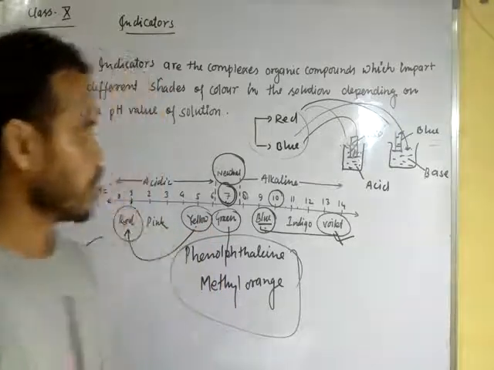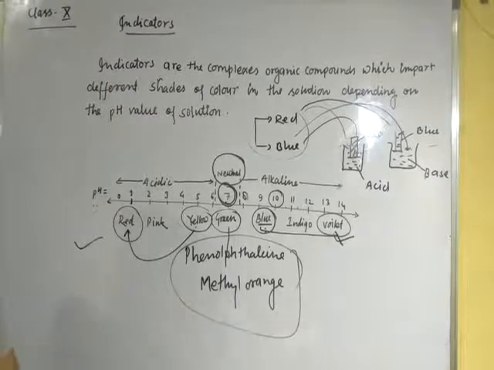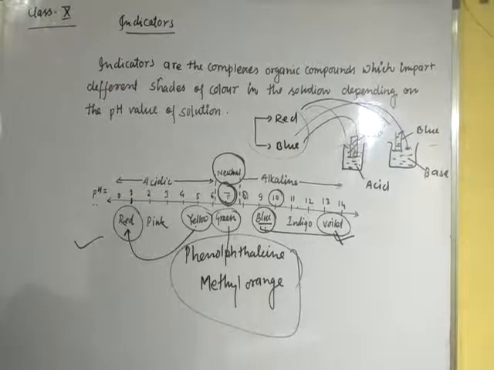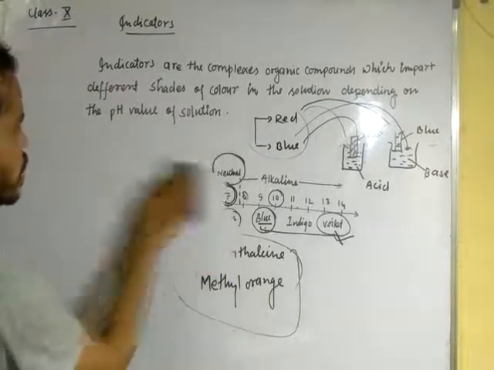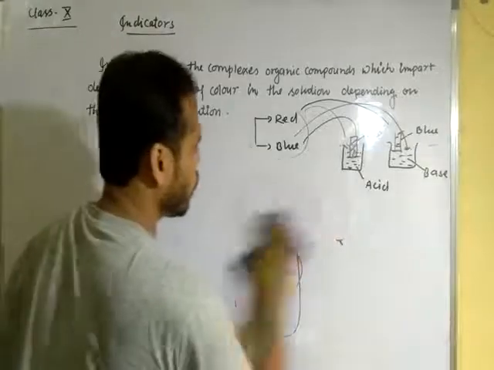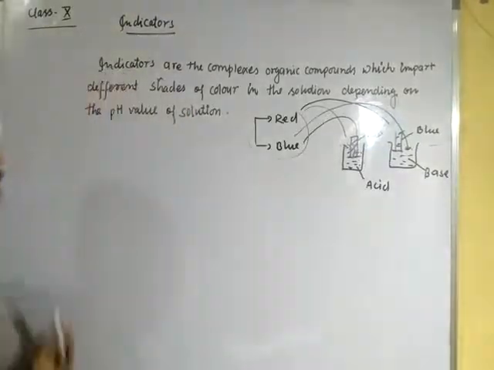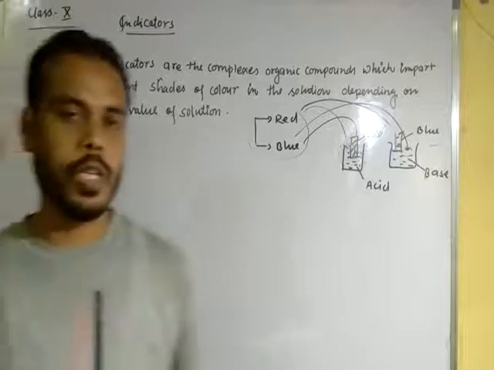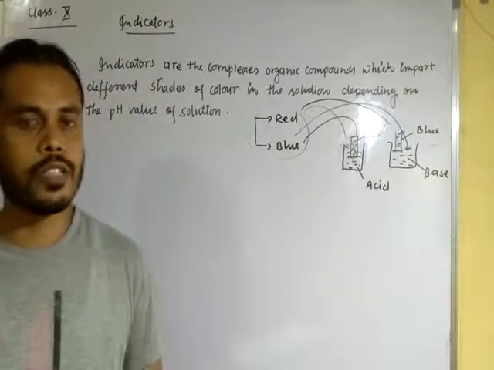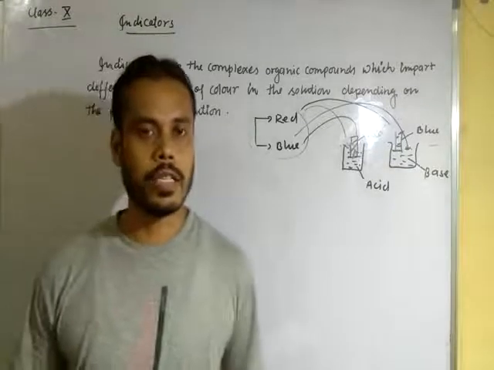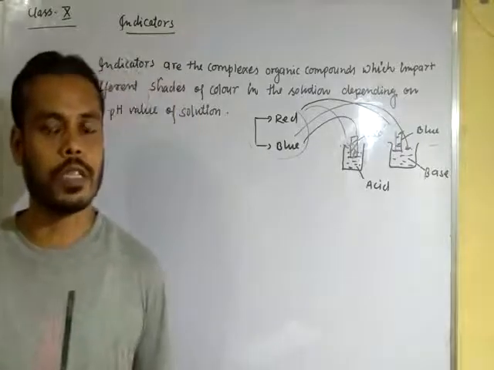Now we are going to discuss the neutralization reaction. What is a neutralization reaction? In the previous video we discussed that neutralization means when a base and an acid react with each other to form salt and water.